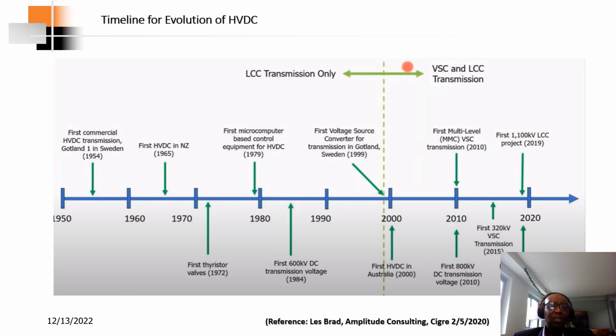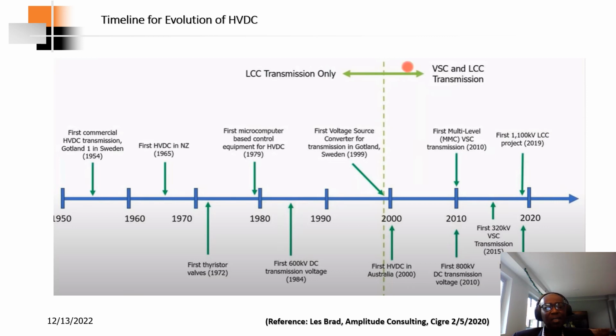Now let's talk about the timeline for the evolution of high voltage DC transmission systems. We're not going to go into the earlier part, the DC war between Edison and Westinghouse, but we'll basically start from 1954, where the first HVDC commercial operation took place in Gotland, in Sweden.